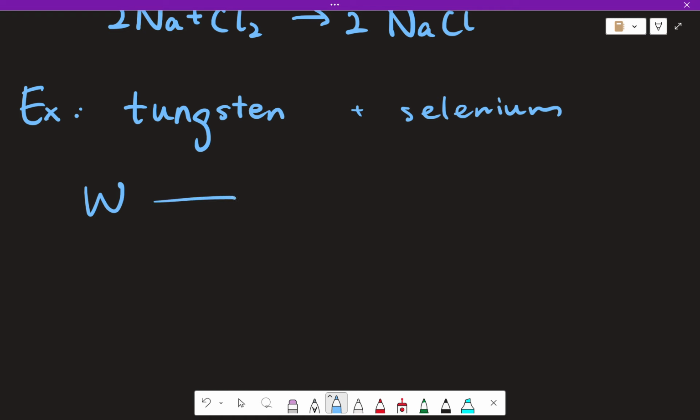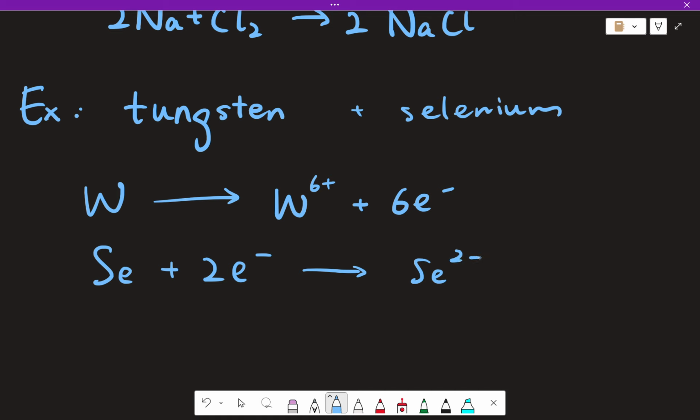So for tungsten, it's a metal, and it will lose 6 electrons to have a positive 6 charge to form a tungsten cation. For selenium, on the other hand, it needs to gain 2 electrons to have a 2 minus charge to become a selenide anion.